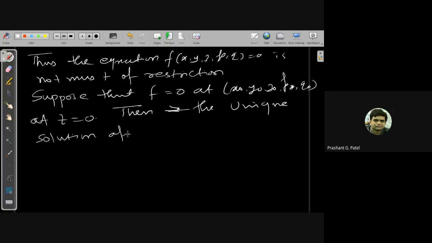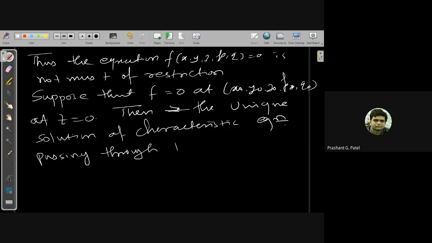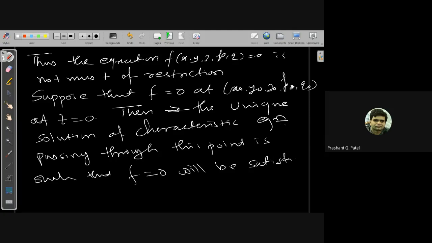Solution of characteristic equations passing through this point is such that f equal to 0 will be satisfied for all t along the solution.